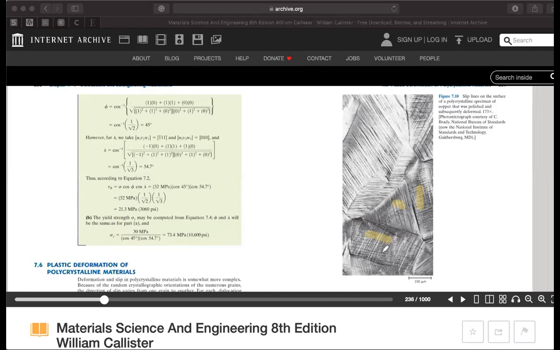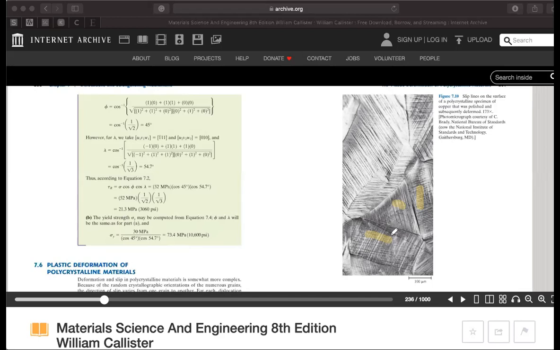Whatever the response of a single grain, it will not determine the behavior of the material, because at the end you have to look at the average behavior of all the grains in the polycrystalline material.